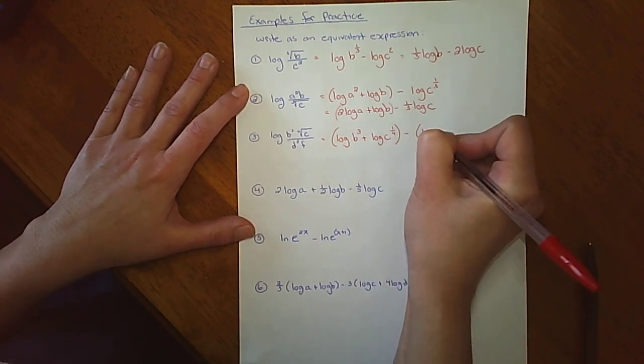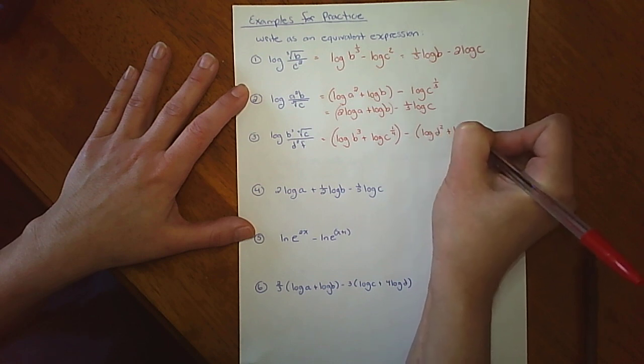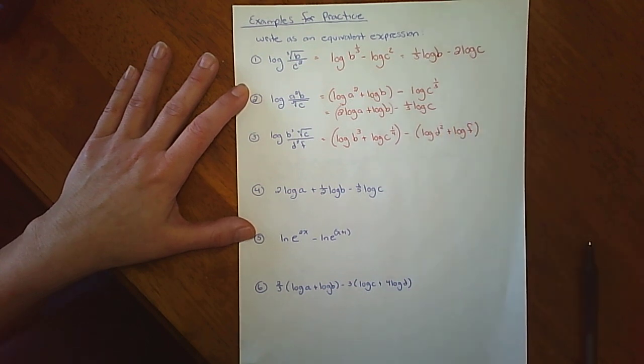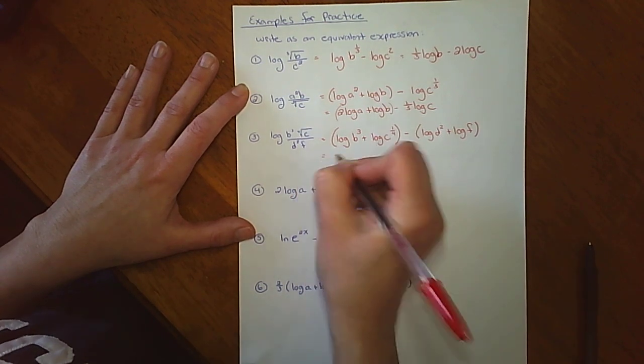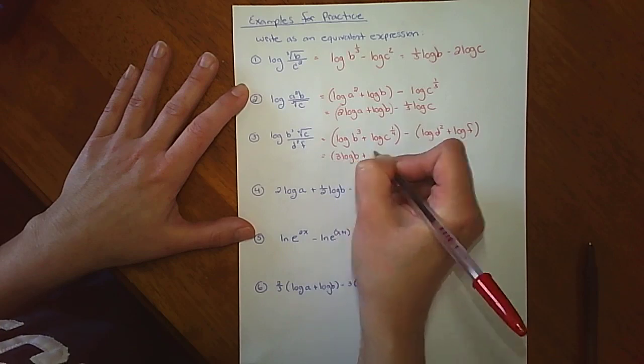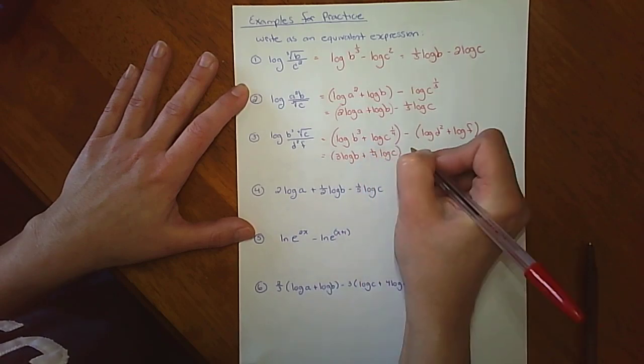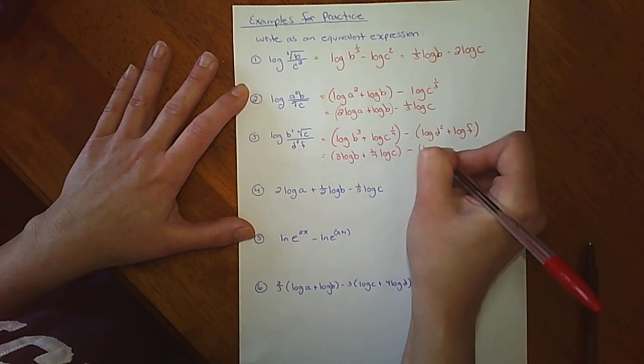So this would be log d squared plus log. So this now becomes 3 log b plus 1/4 log c minus this guy.